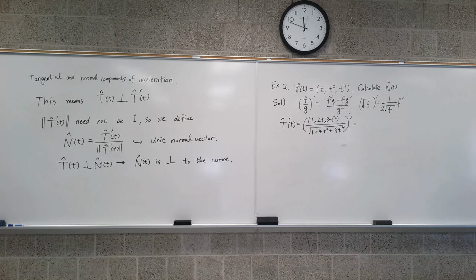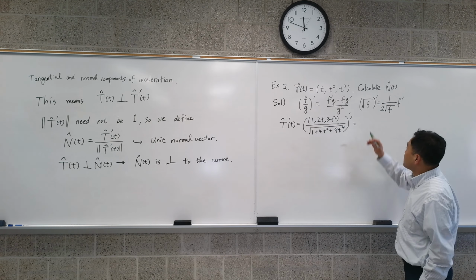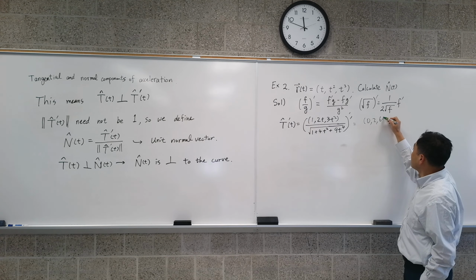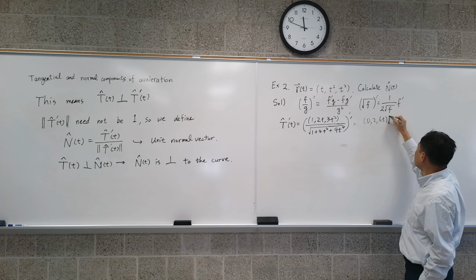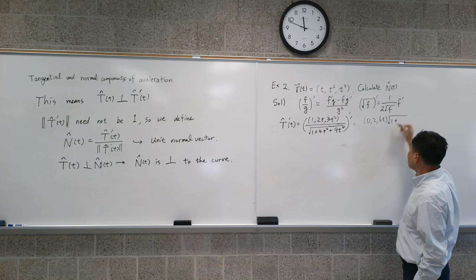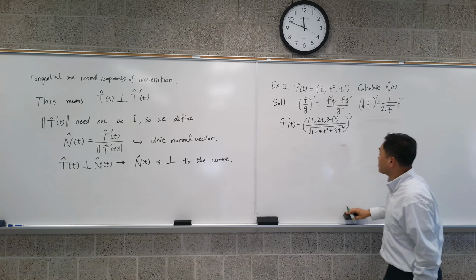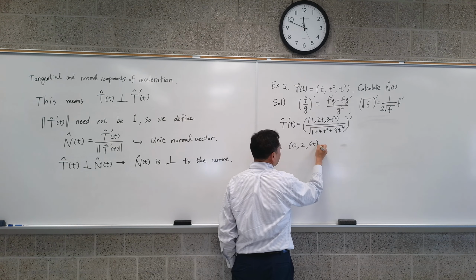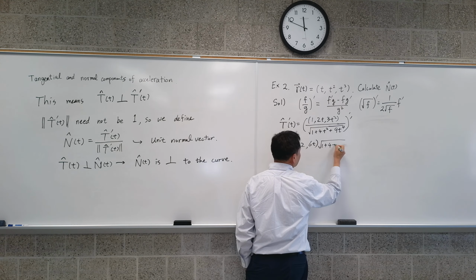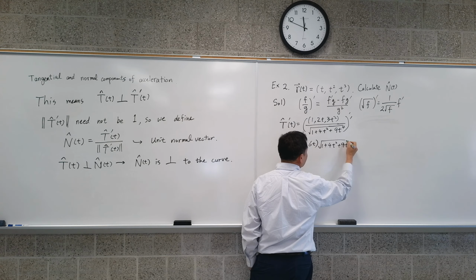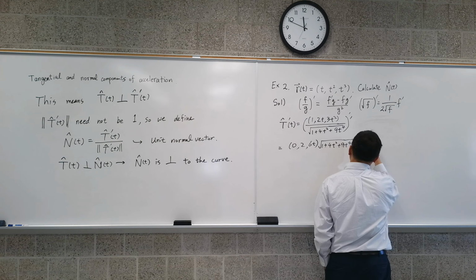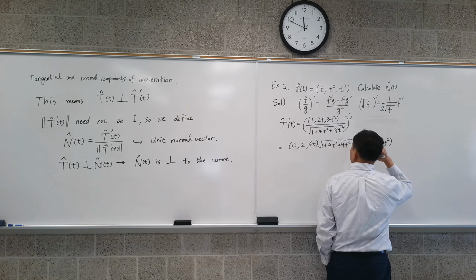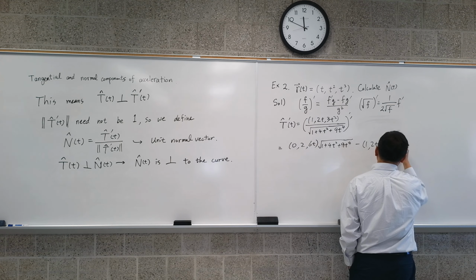And then just by using this, I have to differentiate this first, so it's going to be 0 to 6t times the denominator 1 plus... let me not write it over here. Let me write on the next line, because I don't have room. 0 to 6t times square root of 1 plus 4t squared plus 9t to the fourth minus 1, 2t, 3t squared times the derivative of this guy.